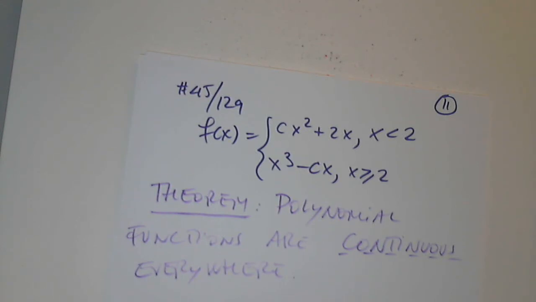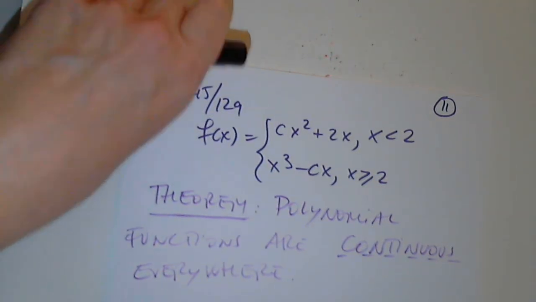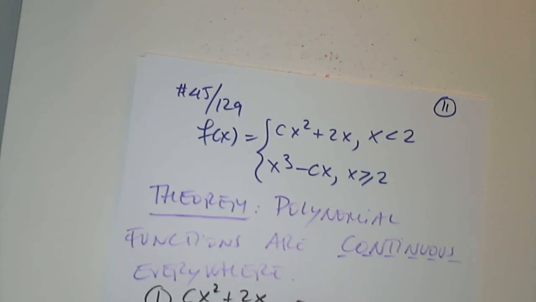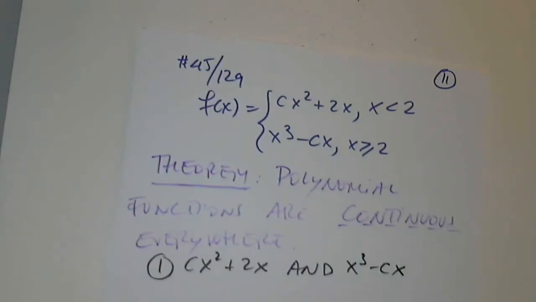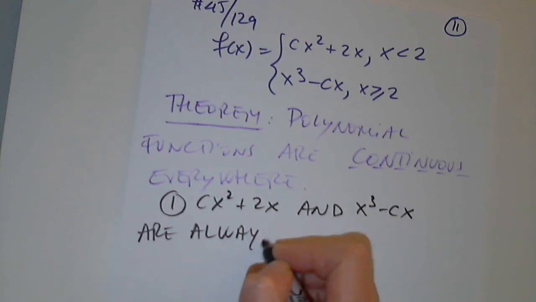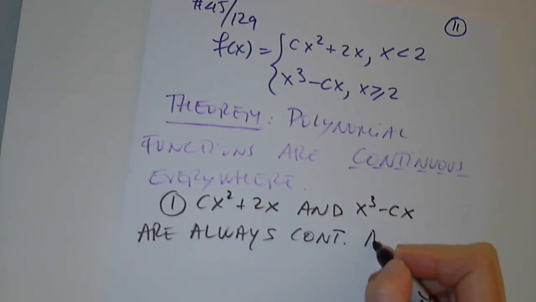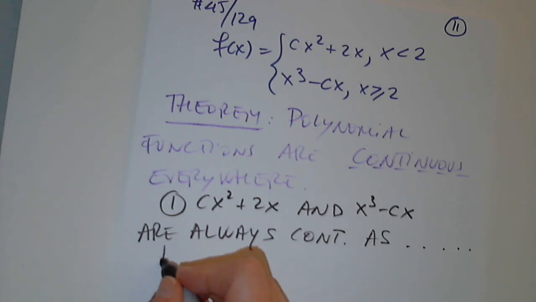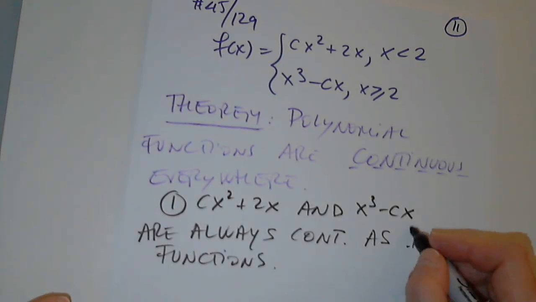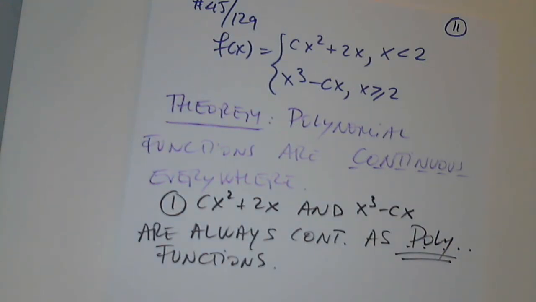Okay, perfect. So my first step would be to write that cx squared plus 2x and x cubed minus cx are always continuous as polynomial functions.